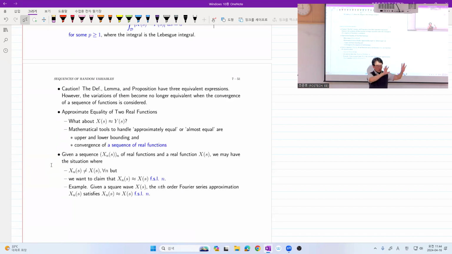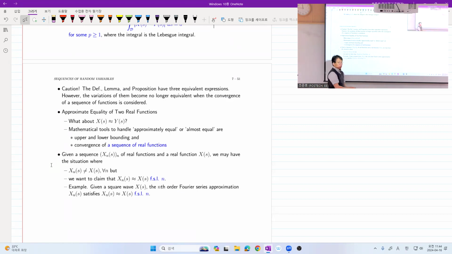And for equality, we just didn't say they are equal everywhere because that was too strong for engineers. So we developed the idea of almost everywhere equality, and we were happy. However, as we did for the two scalars, to talk about approximate equality of two functions, if we follow the same idea, we need to construct a sequence of functions.